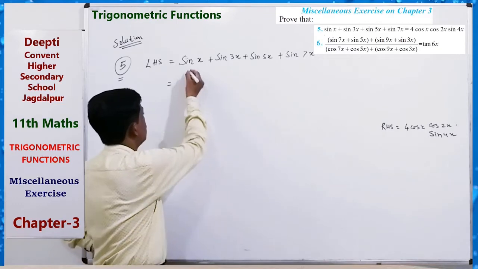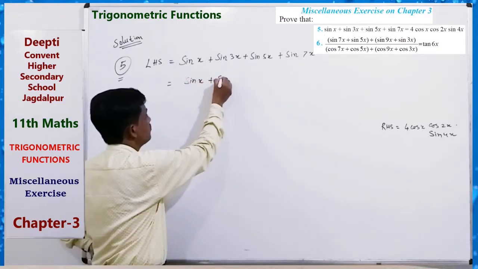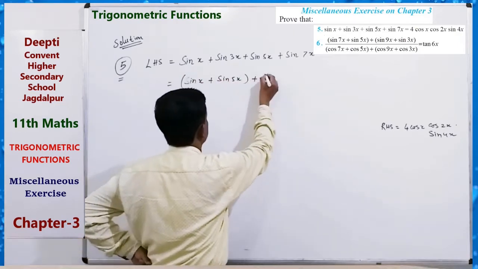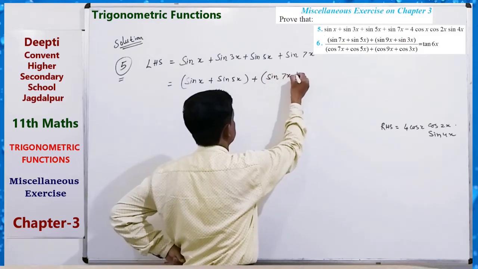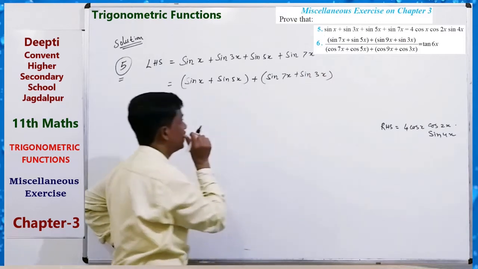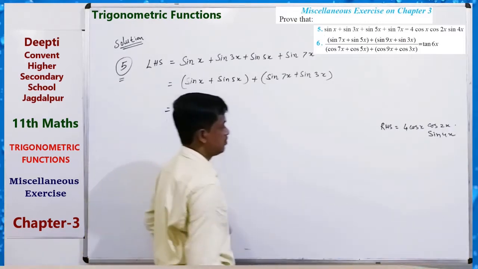Just combine like this: sin x plus sin 5x, and also sin 7x plus sin 3x. Just apply the sin c plus sin d formula.